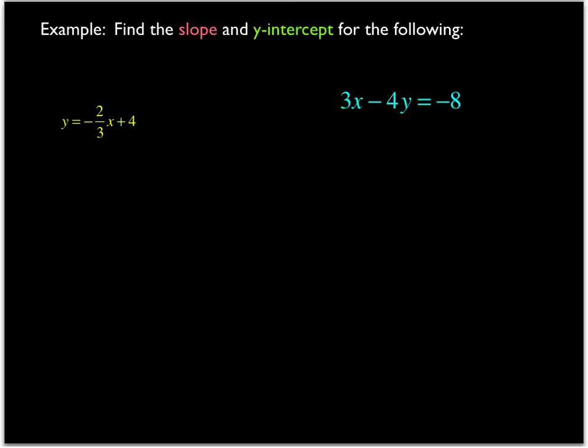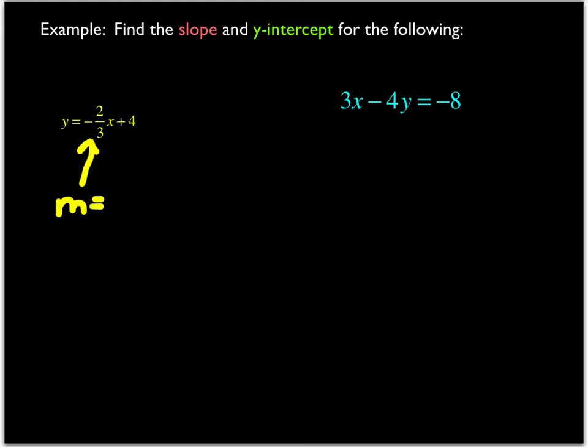Alright, trickier now. Can we find the slope and y-intercept for these following equations? Well, the first one here, once again, this is in that slope-intercept form. Whenever we solve an equation for y, typically that will be in that slope-intercept form. So in this case, fairly easy to see that the number that's multiplied by x is going to be my slope.